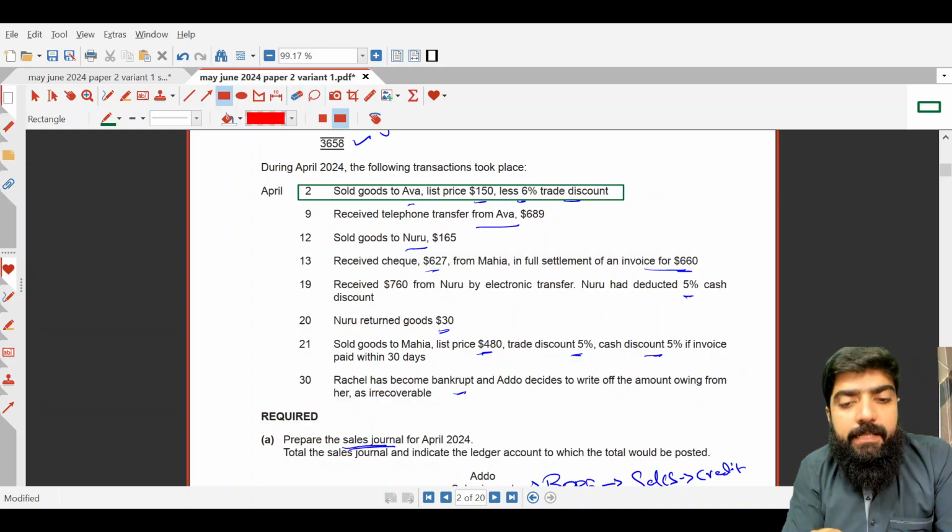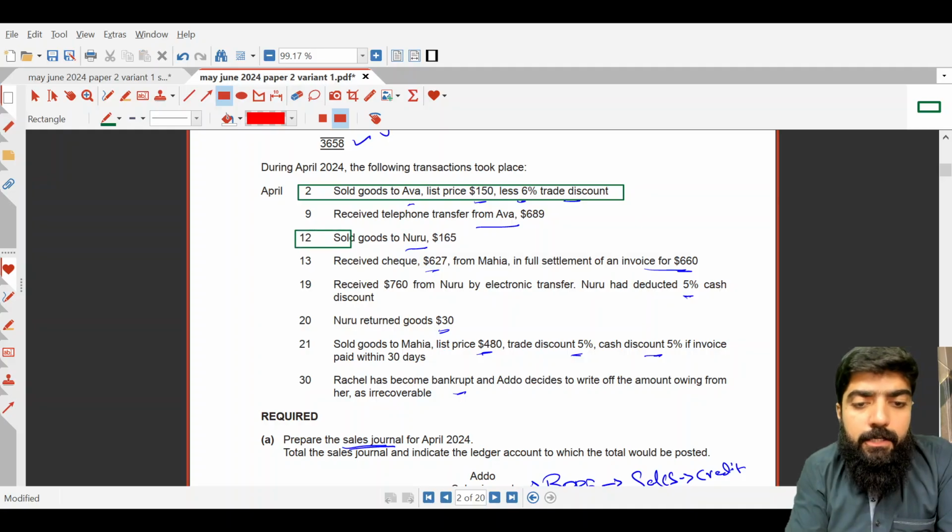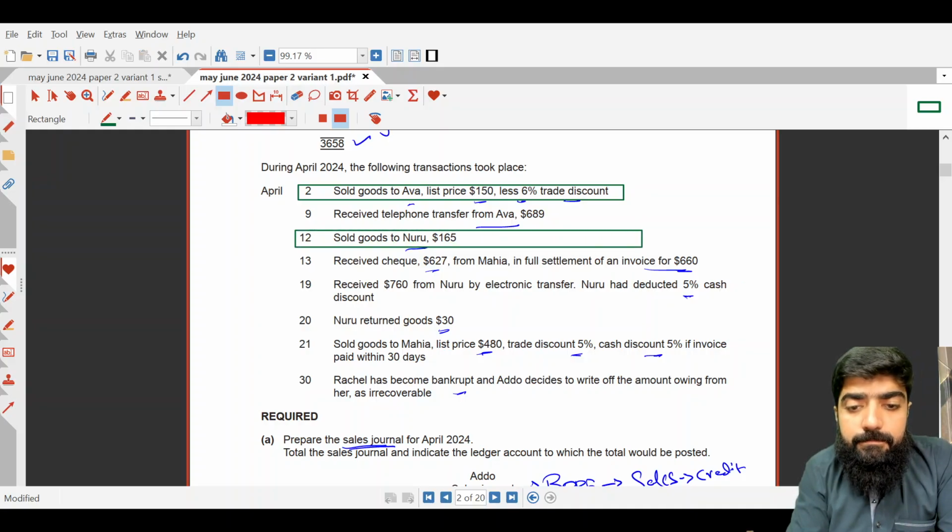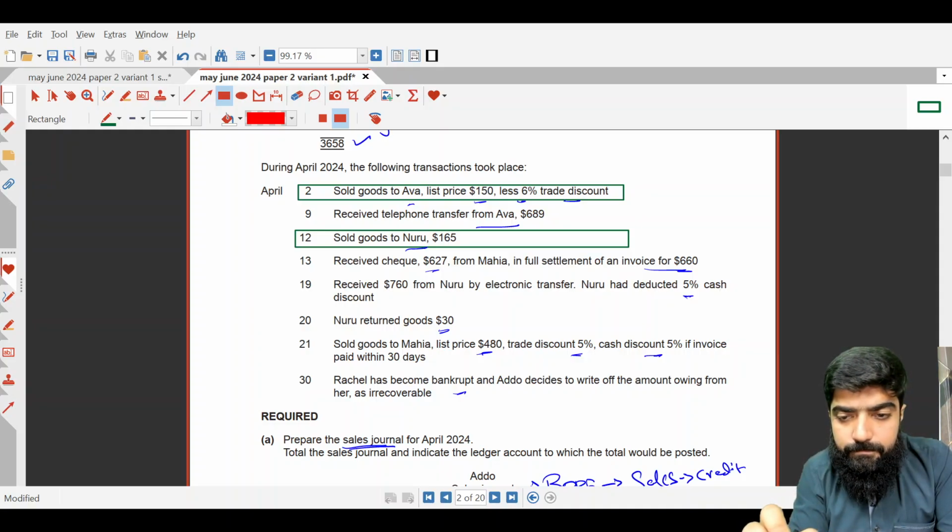Will the 9 April transaction be recorded? No. Good. 12th April transaction? Yes, it should be recorded. Good. 13th April? Receipt of check, no. 19th?